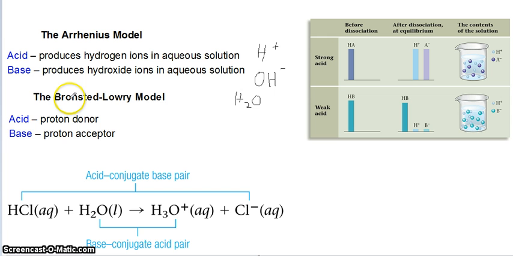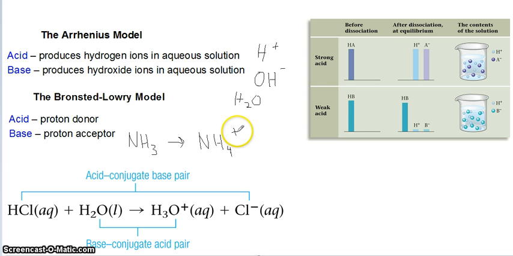But later on, the Bronsted-Lowry model came, and what they realized is that bases did not merely have to be the ones that produce hydroxide ions, but bases are anything that accepts a proton at all. For example, ammonia, NH3, is actually a weak base, and he'll pick up a proton and become ammonium, NH4+.